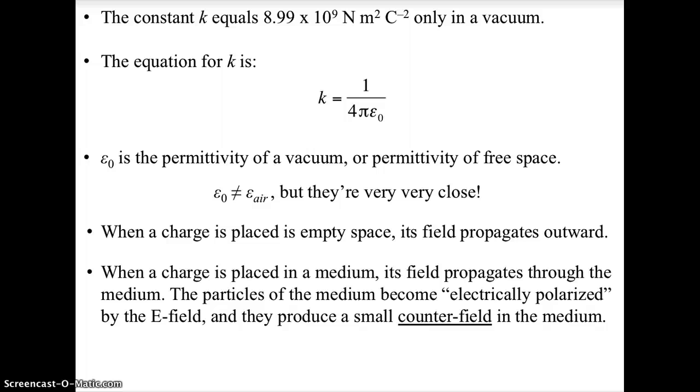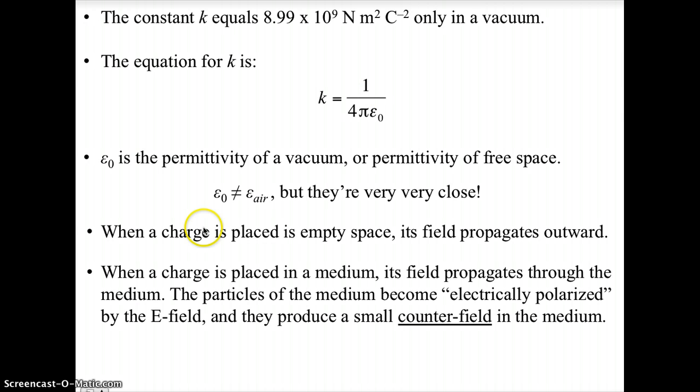So when the field propagates through the medium and through the particles, those particles of the medium become electrically polarized. What this means is that they produce a small counter field inside the medium, which opposes the electric field of our source charge.